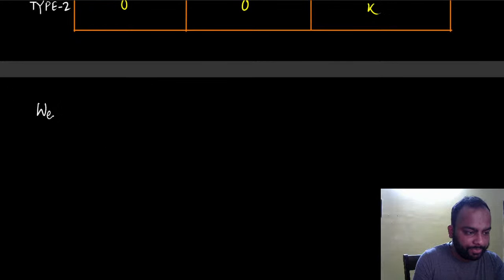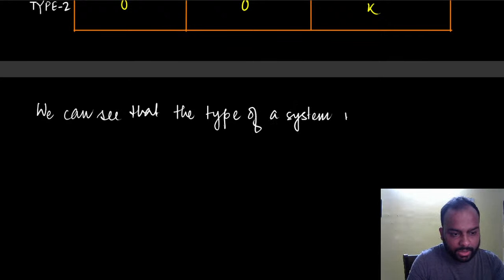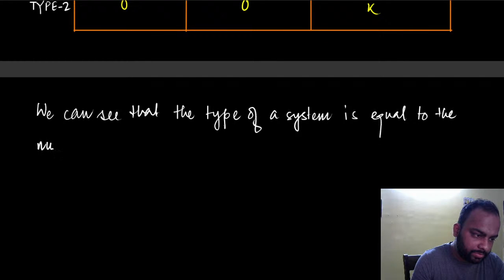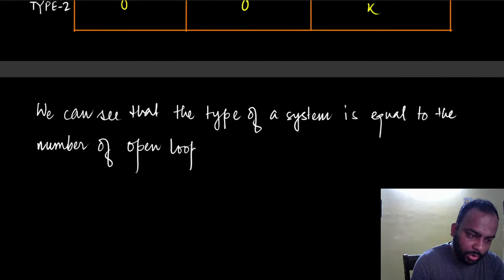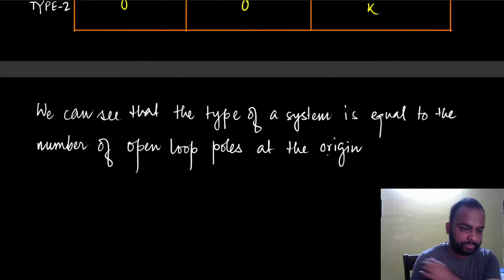so we can see that the type of a system is equal to the number of open loop poles at the origin, right?